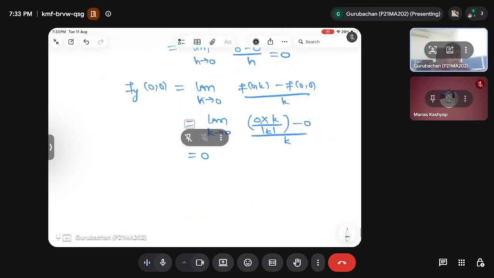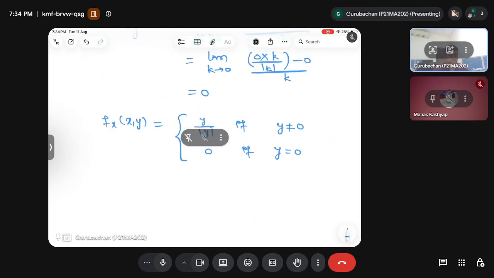Now to check the differentiability, either we can go with the differentiability test or we can directly differentiate. So if we do fx of (x, y), this will give us y by mod y. This simply looks like it should not be continuous. It is x if y is not 0, and 0 if y is 0.